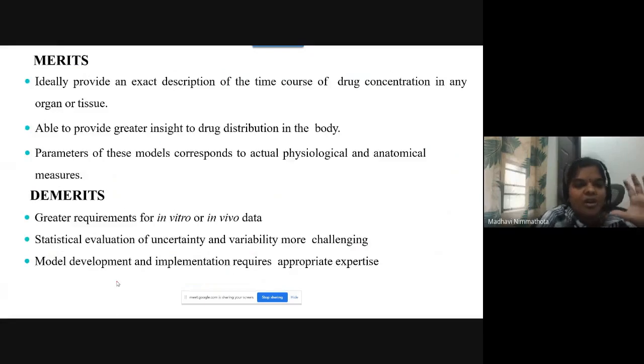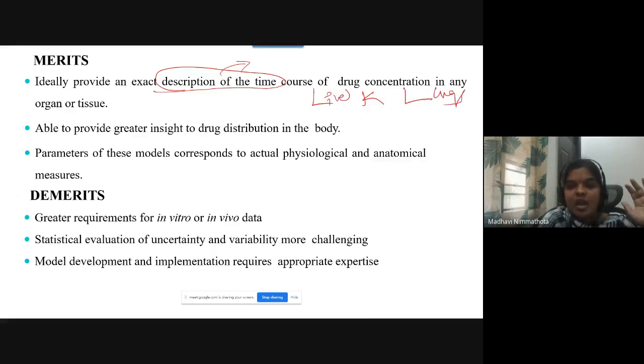Then what are the merits and demerits of this physiological model? Ideally, it provides an exact description of the time course, so it tells us the time course of the drug exactly. For example, when you take the liver, kidney, and lungs, how much time the drug will spend in each individual organ, you can calculate very easily. Based on what parameters can you calculate?